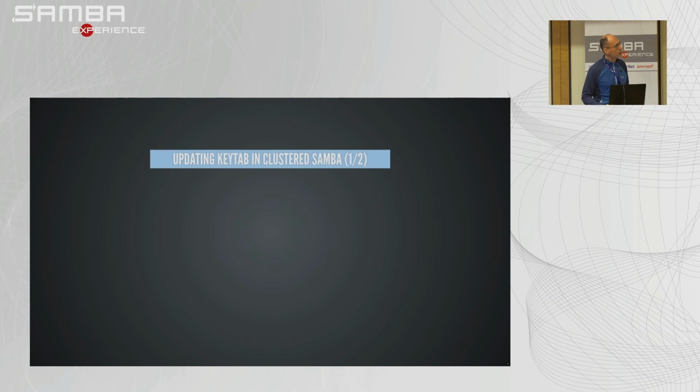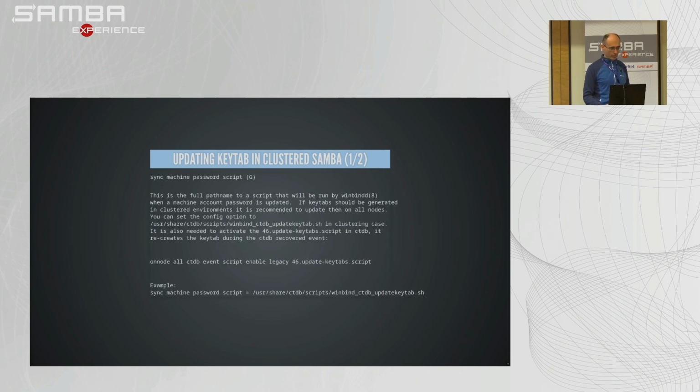Once I had done the initial work, I realized that in the clustered Samba there are some changes necessary as well. If we have a cluster, only one Winbind process changes the password. On each node, there are many of them.